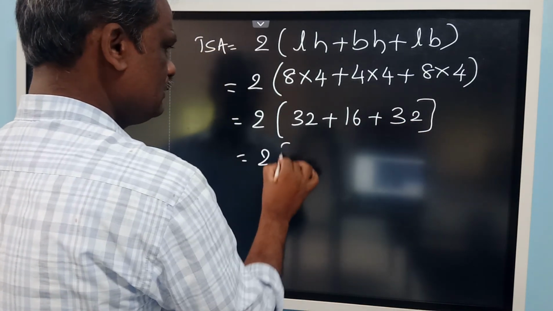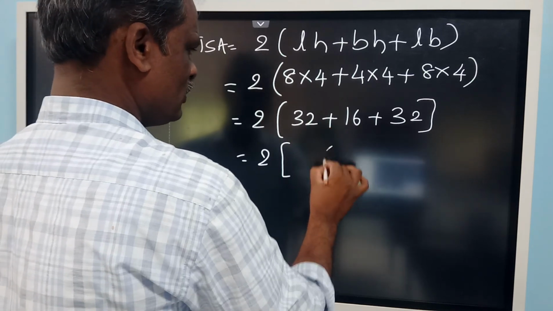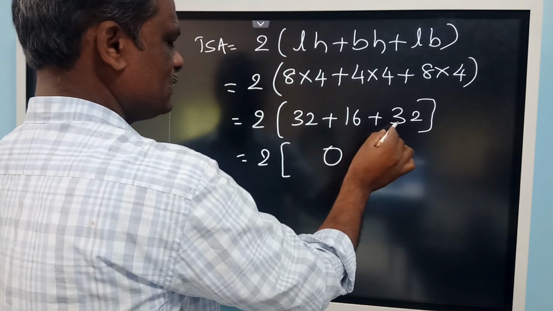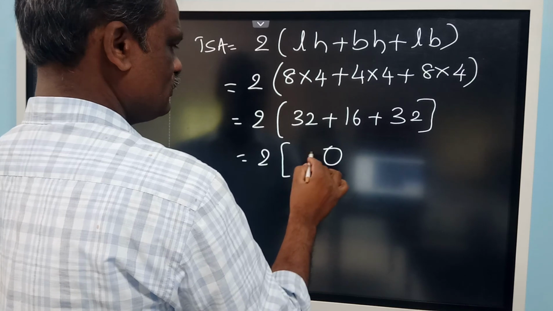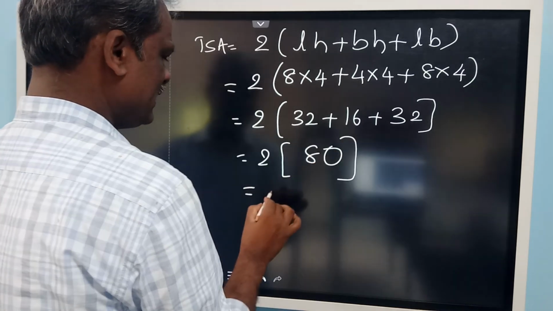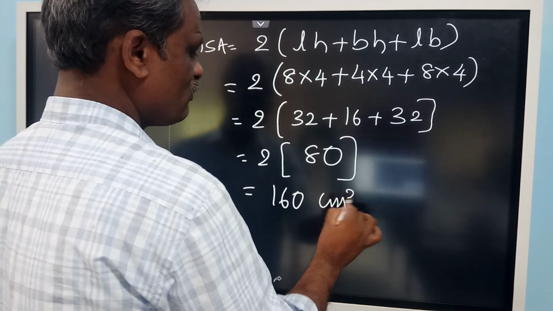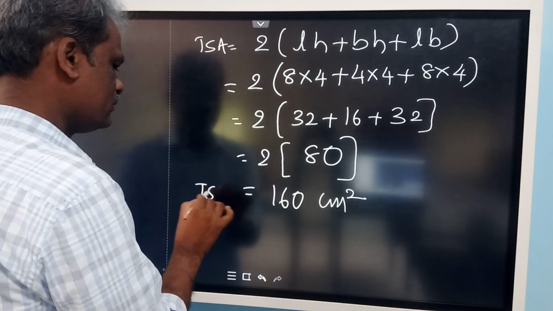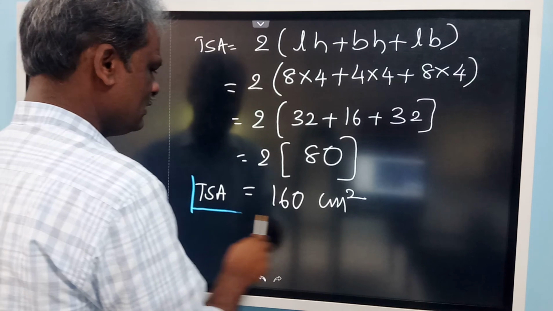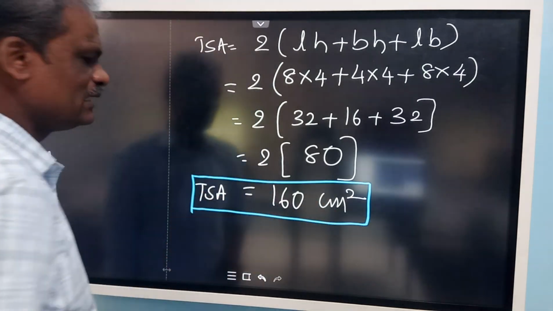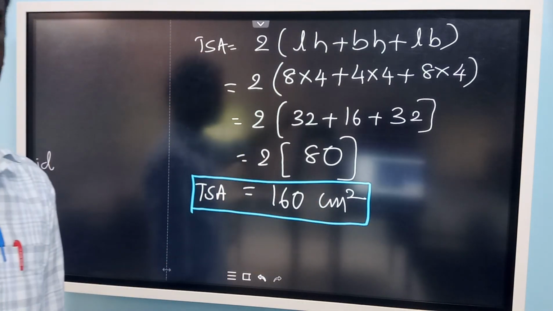Now 2 times 80, it is 160 centimeter square. So total surface area of the resulting cuboid is 160 centimeter square.